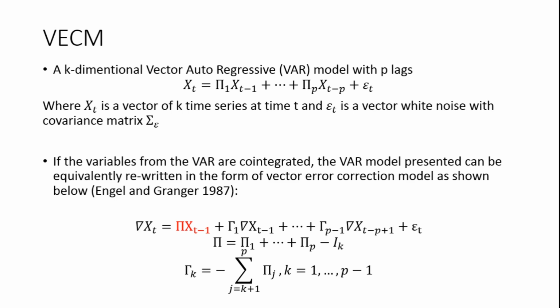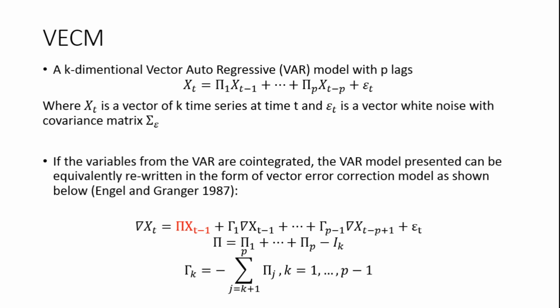So if the variables from the VAR are cointegrated, the VAR model presented can be equivalently rewritten in the form of a vector error correction, as shown below, following Engle and Granger in 1987.